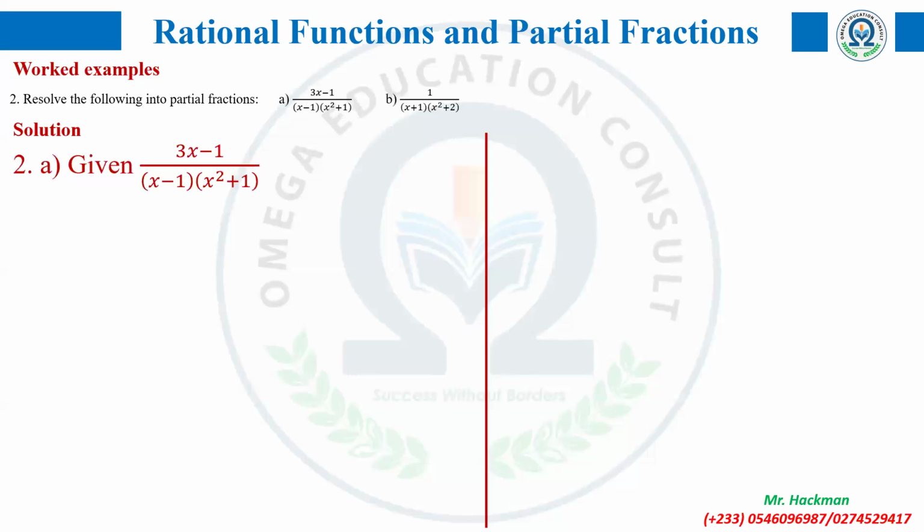Okay, so we are going to move on to the second worked example. Here we are going to do a little more work in terms of our algebra, but the concept will basically be the same.